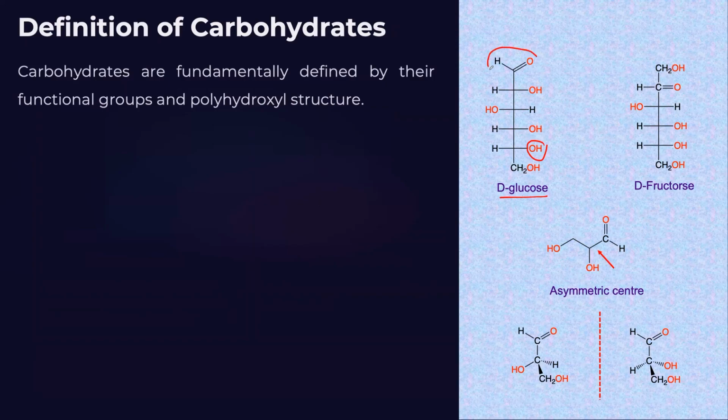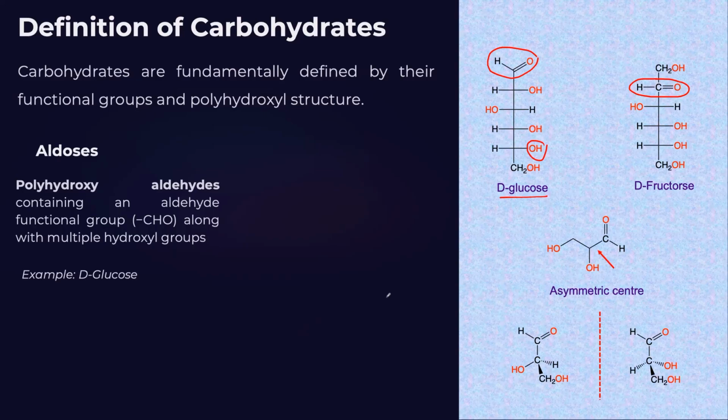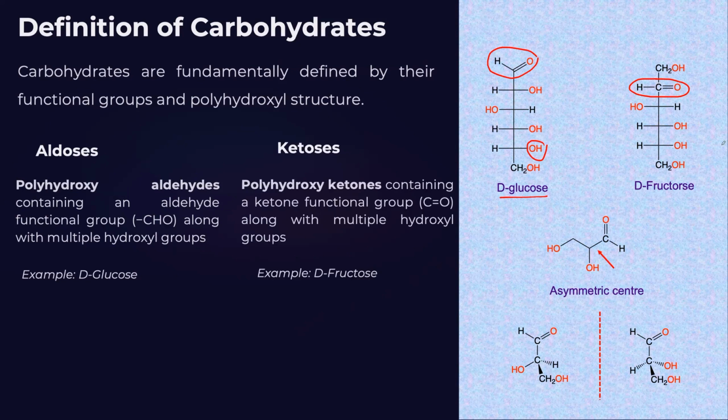Here, glucose has an aldehyde, and fructose has a ketone group. So these are polyhydroxy compounds which have some functional group, either aldehyde or ketone. Therefore, the definition is aldoses, which are polyhydroxy aldehydes, and ketoses, which are polyhydroxy ketones.